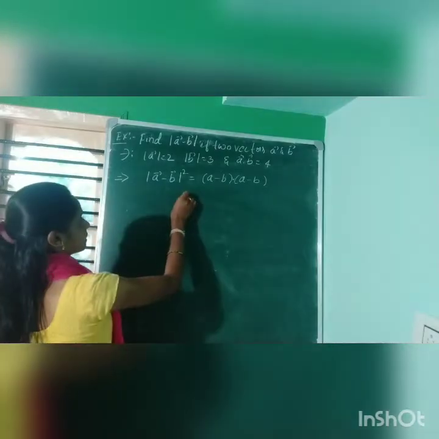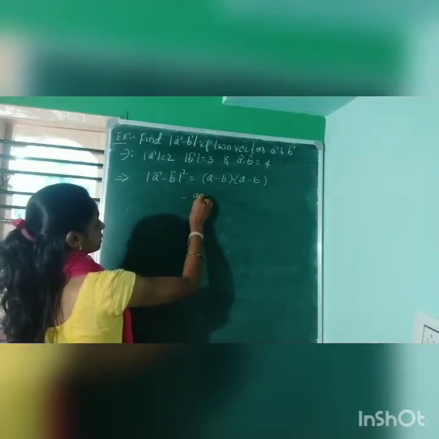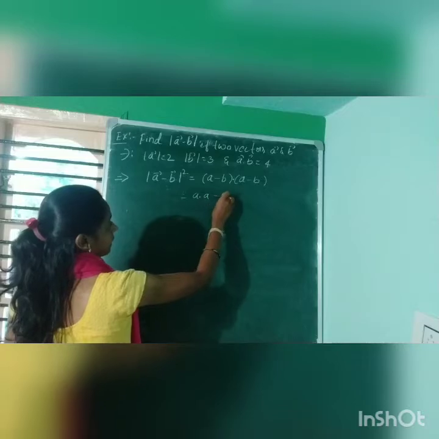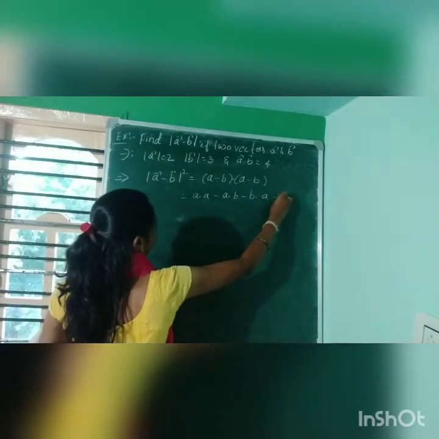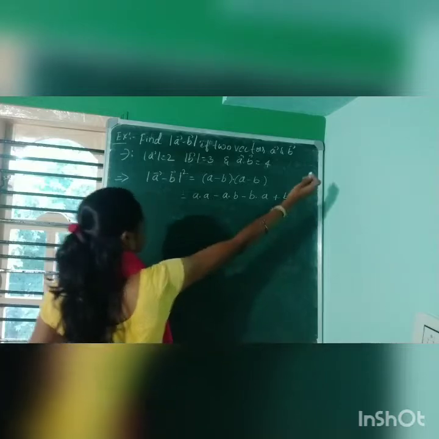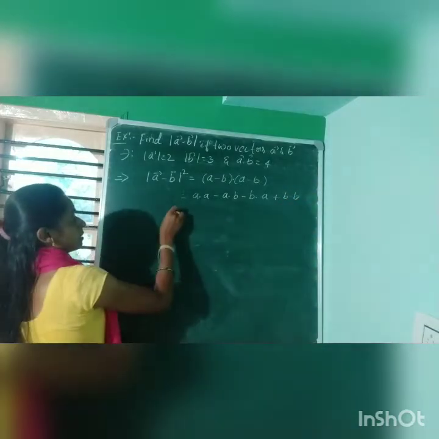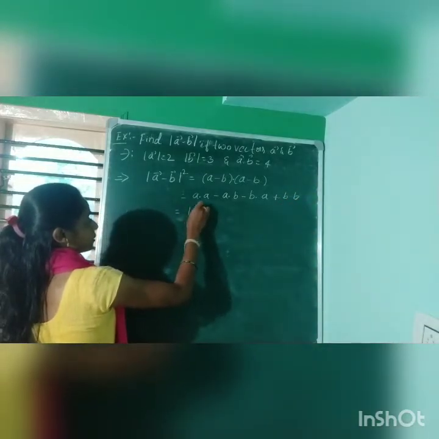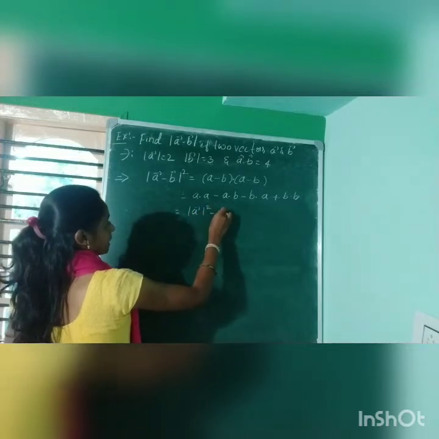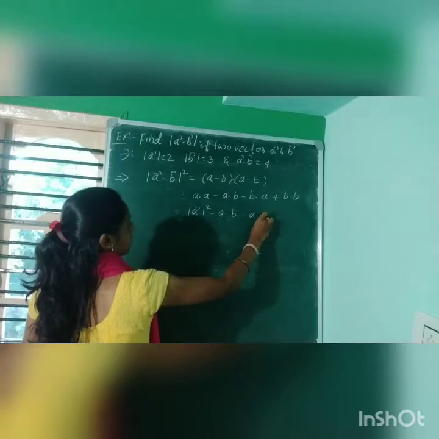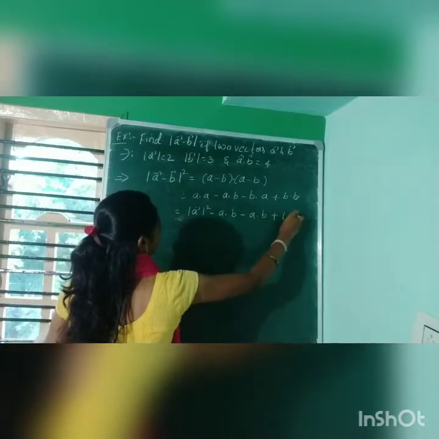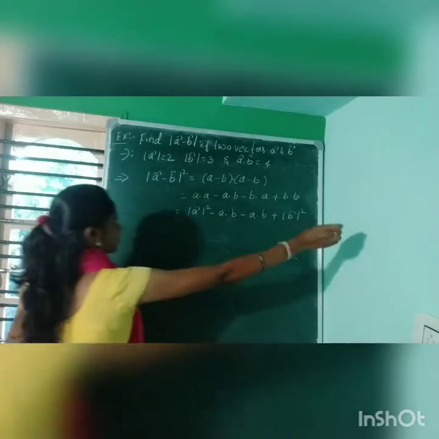Now you just go with the dot product. Dot product is A dot A, next minus A dot B, minus B dot A, plus B dot B. Now A dot A is magnitude of A whole square, minus A dot B, minus A dot B, plus magnitude of B whole square.